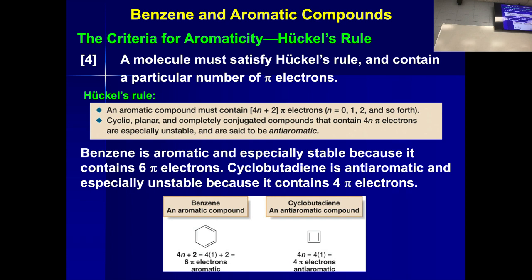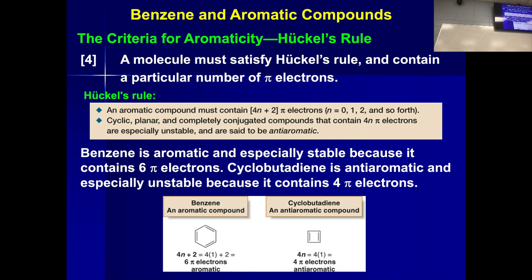So 4n plus 2 equals 6. 4n equals 4, right? Just a little basic algebra. If I divide both sides by 4, n equals 1. So does it satisfy Huckel's rule? Yes. n is equal to 1. Okay? Must satisfy Huckel's rule.